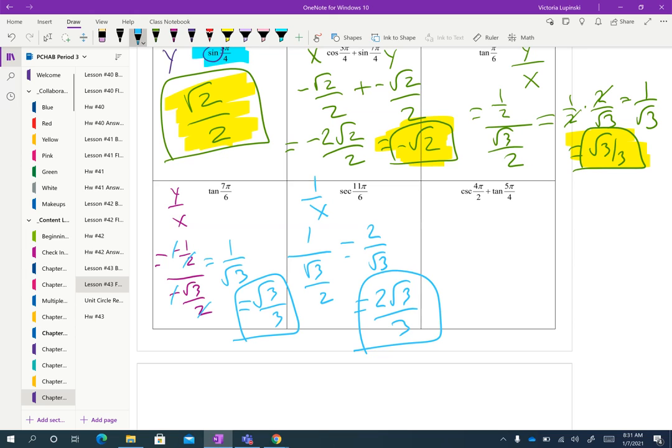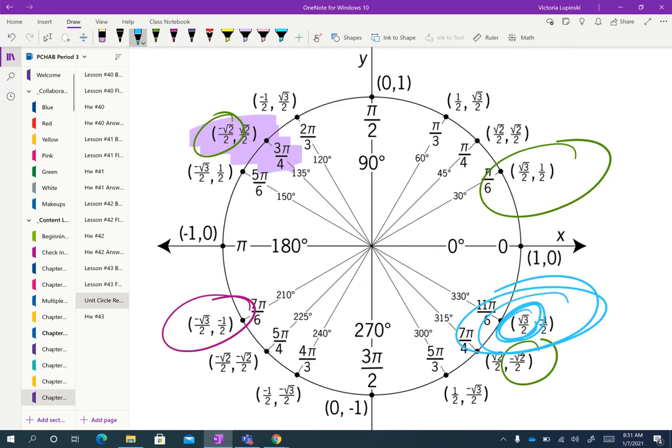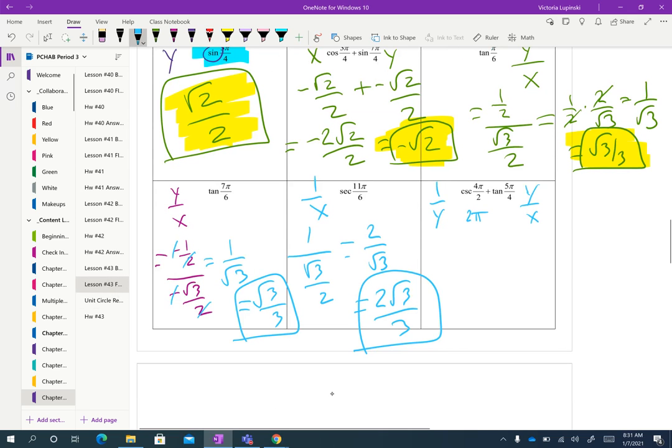Cosecant of 4 pi over 2. A cosecant is 1 over sine, which means 1 over y. And hopefully you remember 4 pi over 2 is really just 2 pi. And then the tangent, which is y over x, of 5 pi over 4. Starting with 2 pi, 2 pi is over here. I'm going to have to do 1 over the y value, which means I'm going to do 1 over 0. If you think to yourself, well, 1 over 0, that's not going to work, that's true.